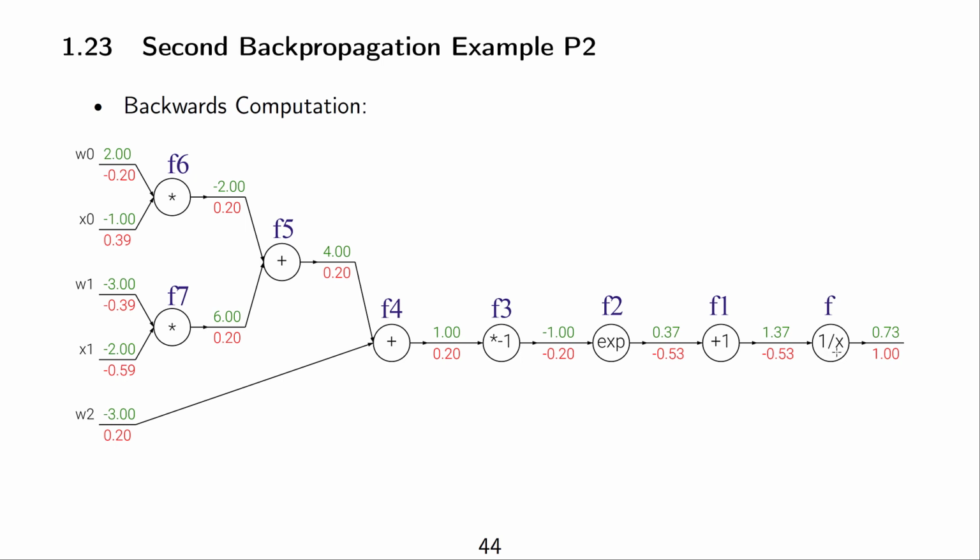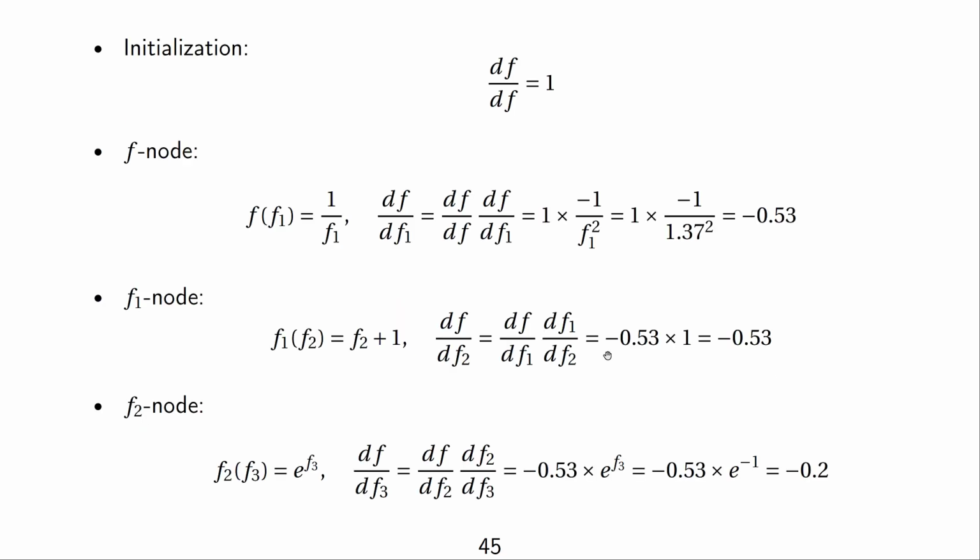The derivative of 1 divided by x is 1 divided by x squared times minus 1, so minus 1 divided by x squared. Therefore, we need to take this value and compute minus 1 divided by 1.37 squared times 1. This gives minus 0.53.